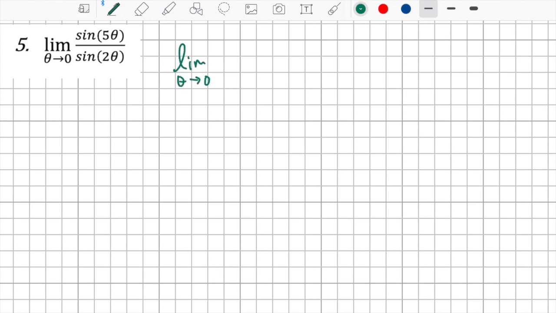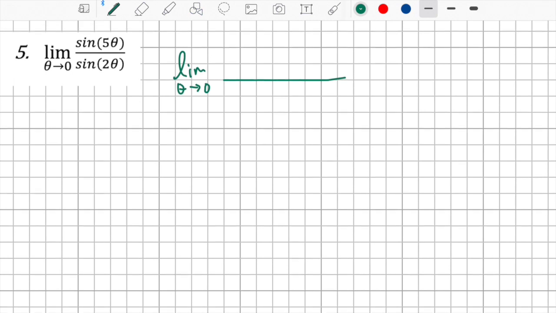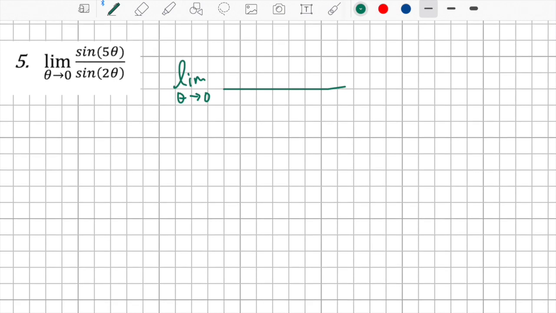So we're going to write limit as theta approaches 0. Now, let's see. What we want to do is make sure that this sine has a 5 theta in the denominator, and then this sine has a 2 theta in the denominator. So we have to do 2 fractions.